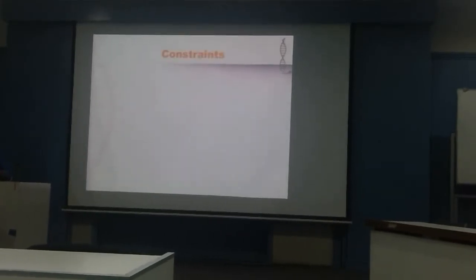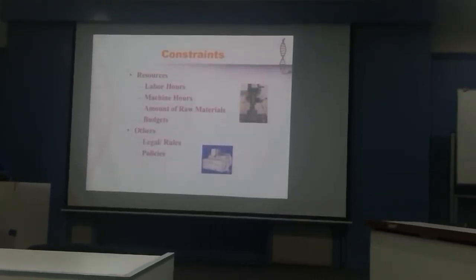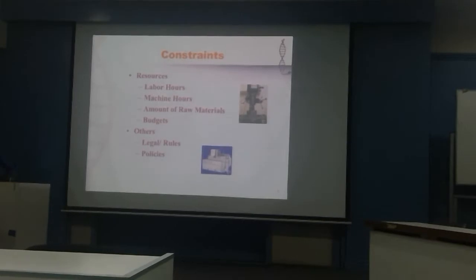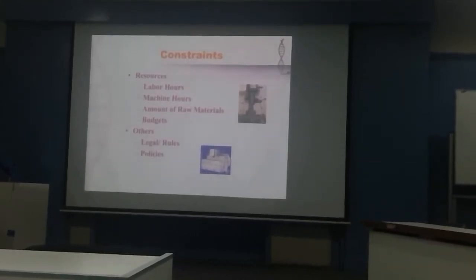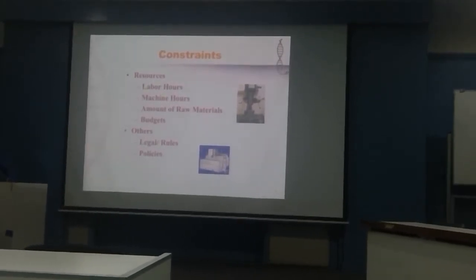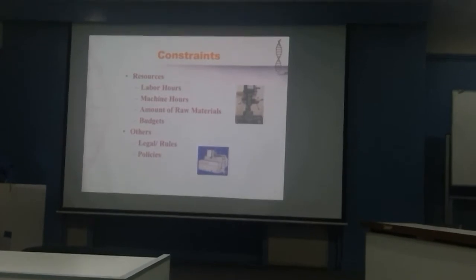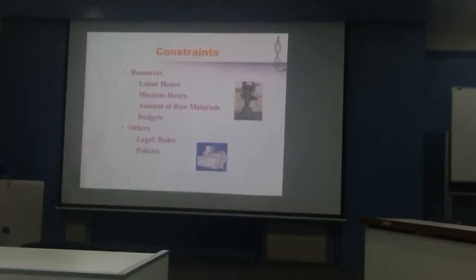How about the constraint or limitation? Once again, limitation for the resources. You can think about the raw materials, labor hours, machine hours, or your money or budget. Legal: the rules from the government or the policy from your company.